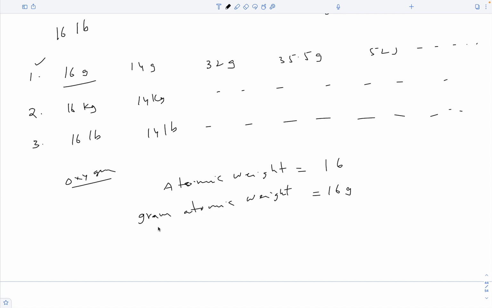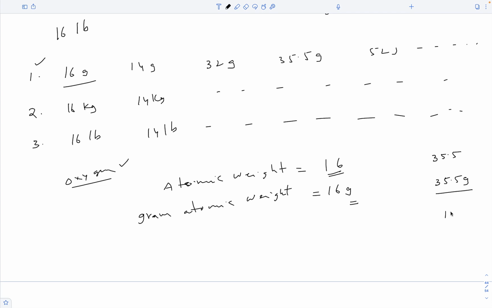So, gram atomic weight represents a particular mass of an element that is equal to its atomic weight or relative atomic mass expressed in grams. Atomic weight of chlorine is 35.5. So gram atomic weight of chlorine is simply 35.5 grams of chlorine.